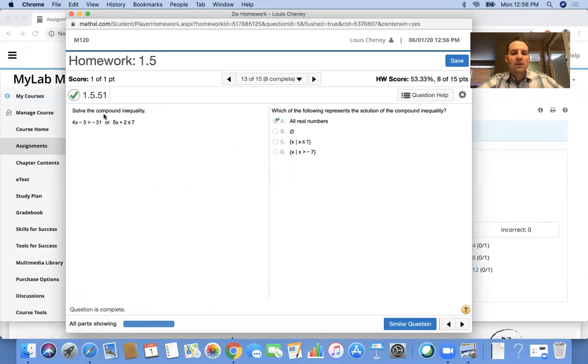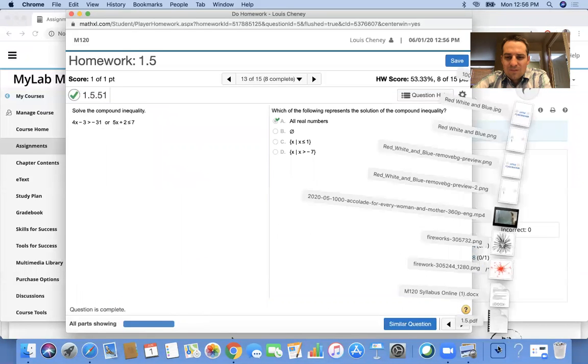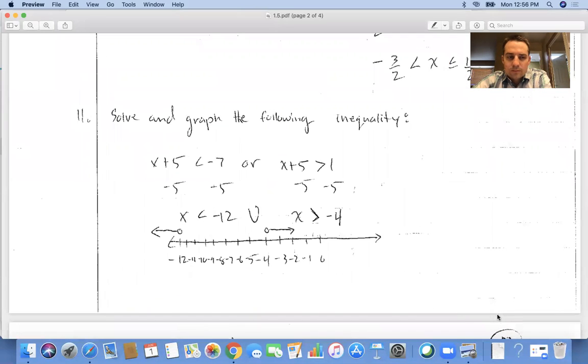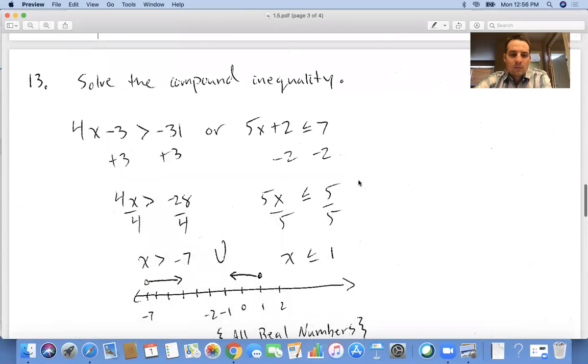Okay, solve the compound inequality. So you end up with x is greater than negative 7 union x is less than or equal to 1. Notice how these arrows point in the same direction.